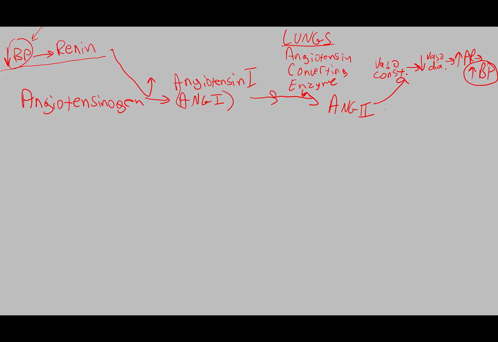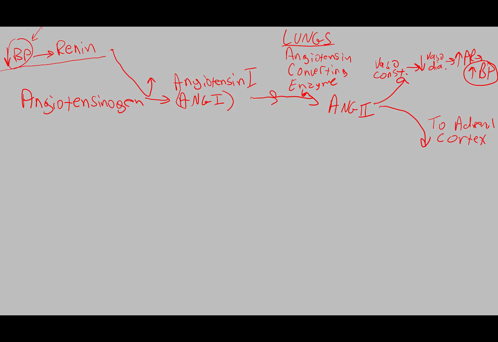So Ang2 does something else. It travels to the adrenal gland, specifically the adrenal cortex. Remember the adrenal cortex from early in the semester in endocrine? At the adrenal cortex, what did Ang2 do?